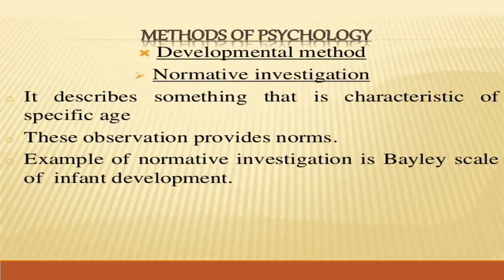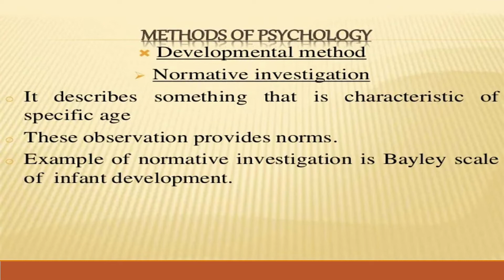Normative investigation describes the characteristics of a specific age. According to the specific age, normative means what normal things are going on. These observational periods, the norms, come under normative investigation.